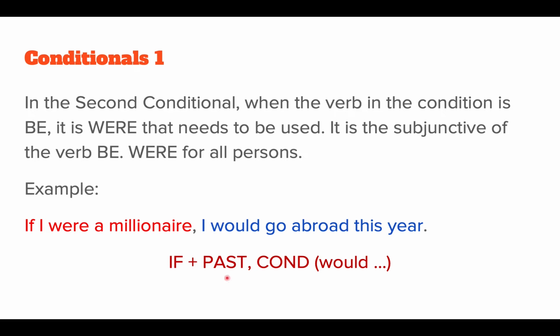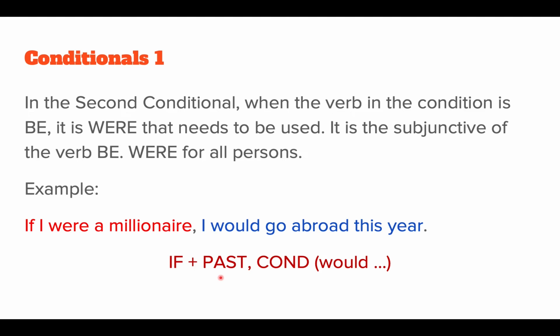We like to say it's the past because the only difference between the past and the subjunctive, which is the real name of this verb tense, is the verb be, right? That in American English, or what used to be called American English, is were for everybody, right? If I were, if she were, if they were, right?